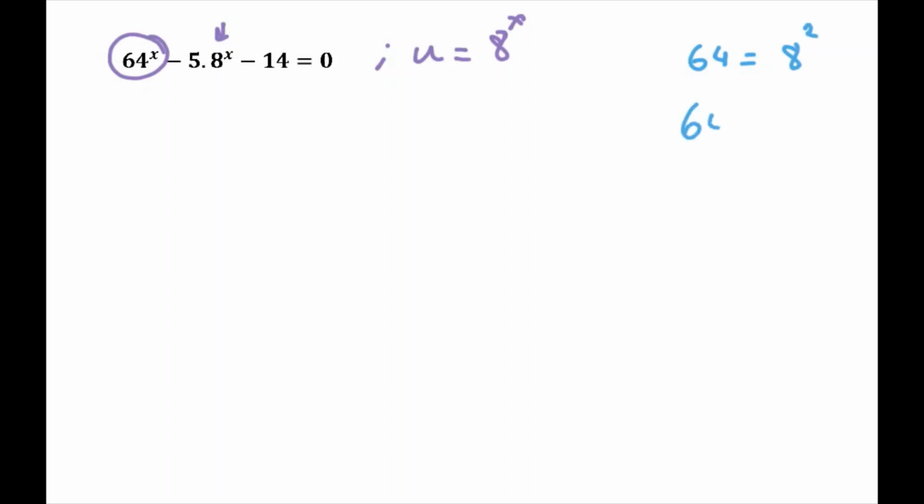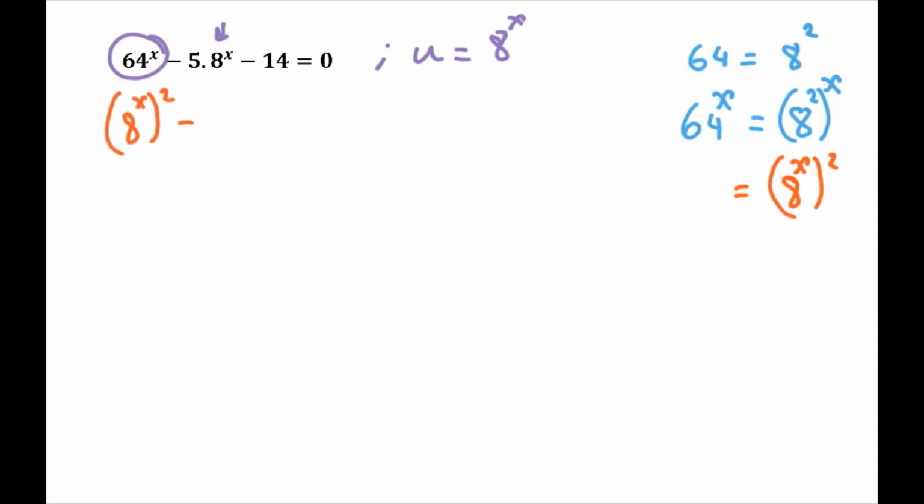So 64 to the power of x is basically 8 to the power of 2 to the power of x. I can switch between 2 and x, so it's 8 to the power of x, all to the power of 2. Minus 5 times 8 to the power of x, minus 14 equals 0.